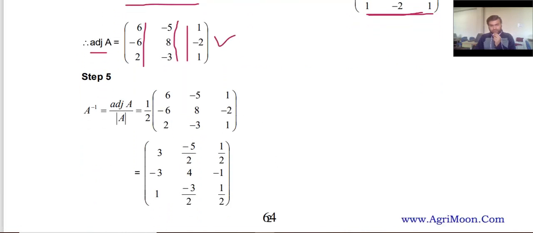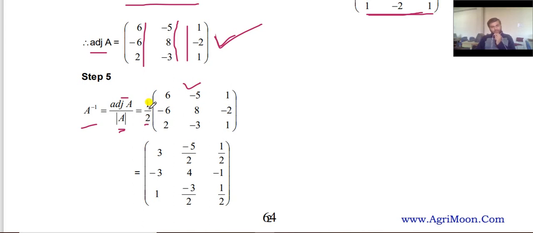And last but not least, A inverse is equal to adjoint of A divided by determinant of A. So here we write the adjoint of A, this matrix, and here 1 upon determinant of A. Determinant of A is 2, so it is 1 by 2.